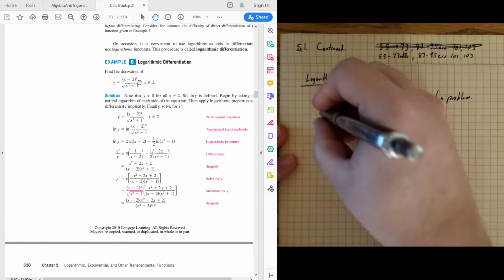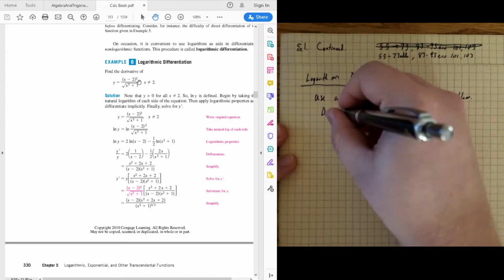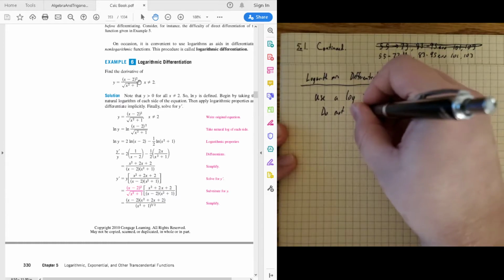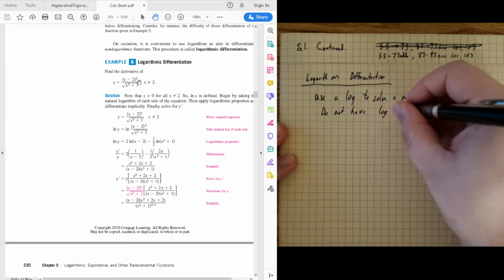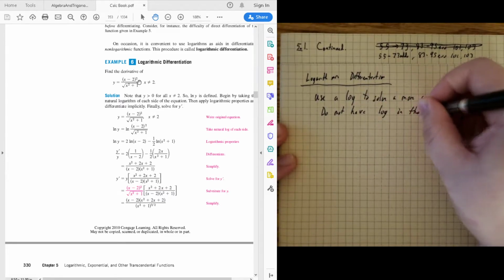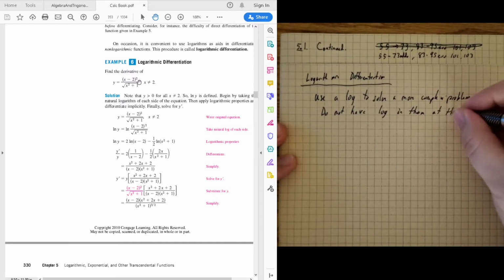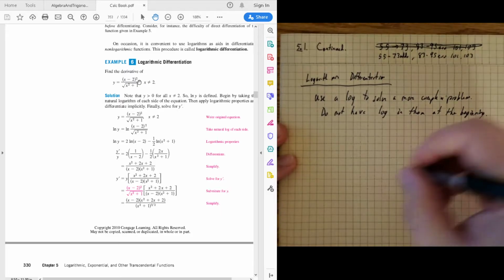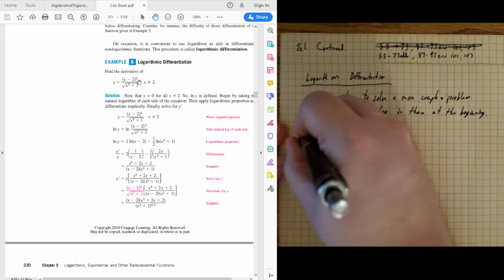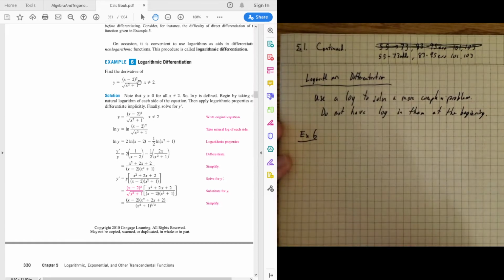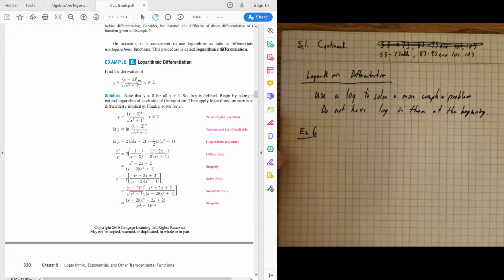And usually these do not have a log already in them at the beginning. If we take a look here at example 6, you'll notice that this problem does not have a log anywhere in it.